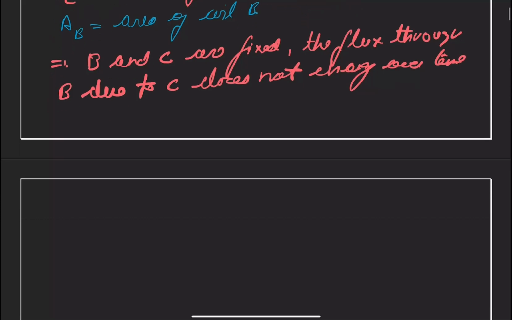So we can say that the change of flux on coil B because of C is equal to 0.